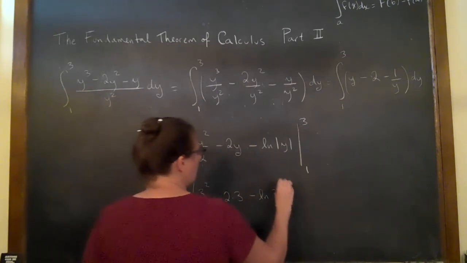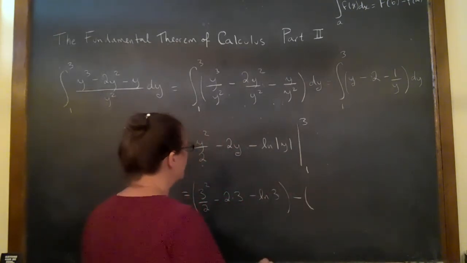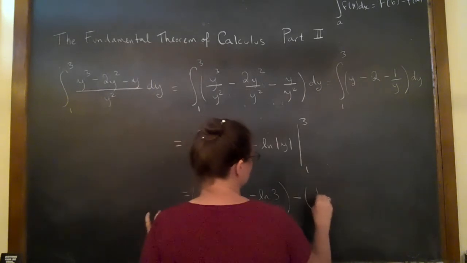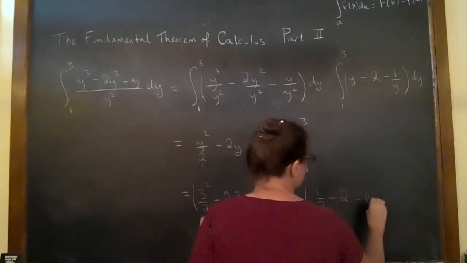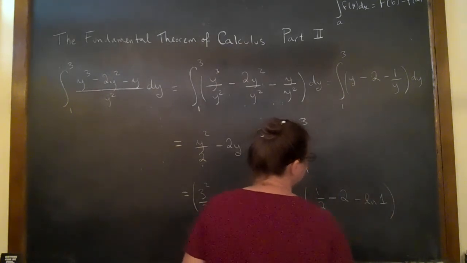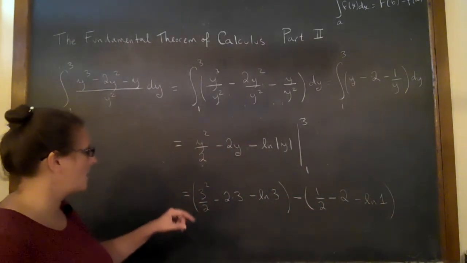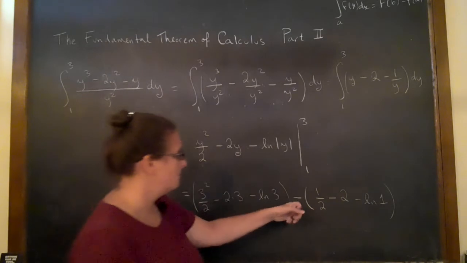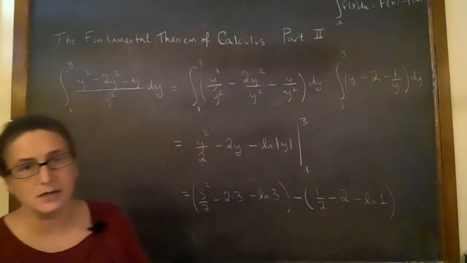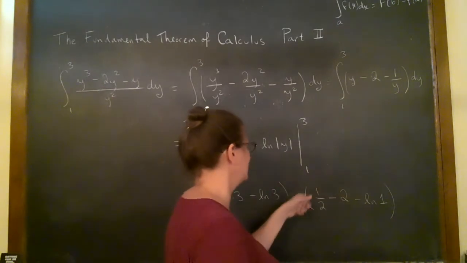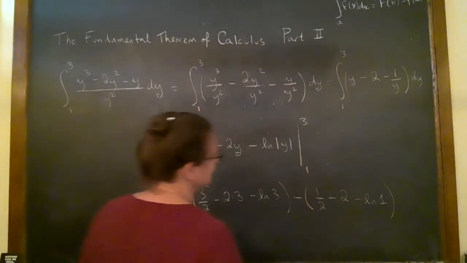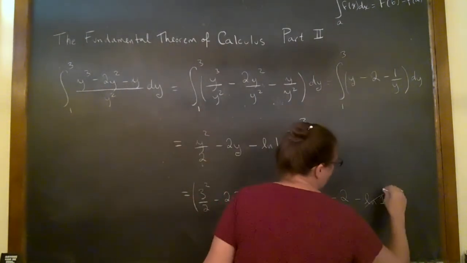Okay. Very common mistakes with this. You see how I use the parentheses, minus, and the parentheses, because a very common mistake is not putting in the parentheses, and then you don't distribute the minus, and then you get the wrong number.